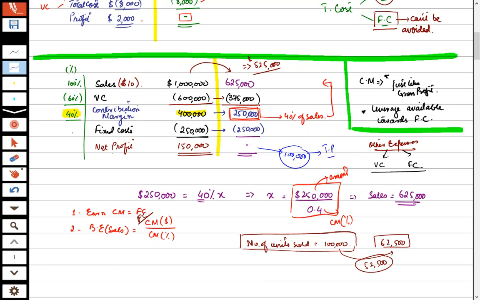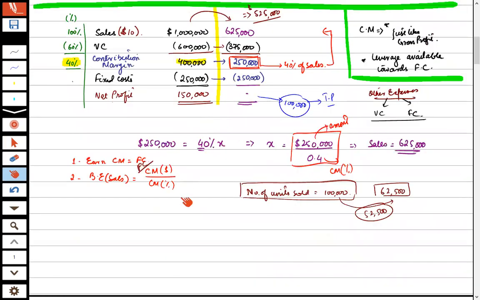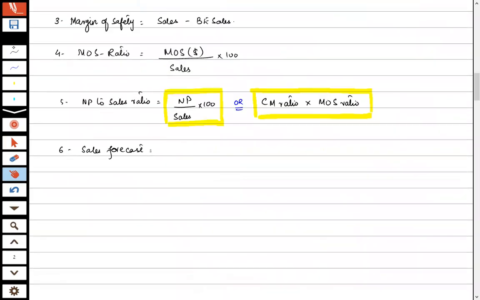So in order to earn some sort of target profit, what would be the CM, what would be the total sales? It can be calculated as fixed cost plus target profit divided by CM ratio. This is for sales forecast in dollars.